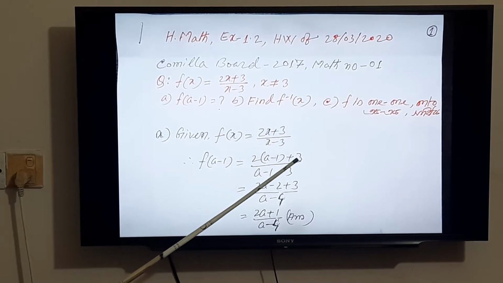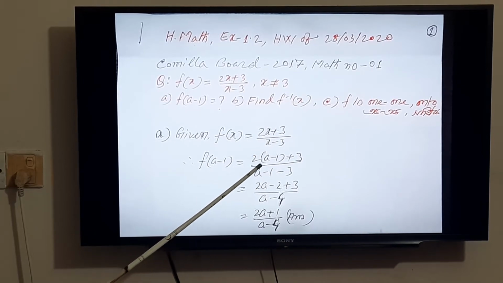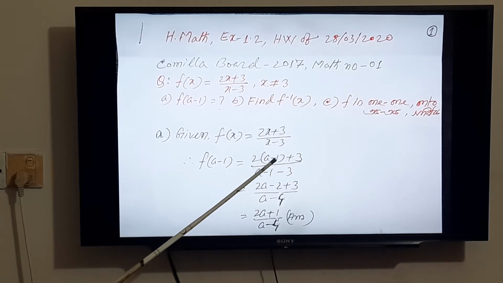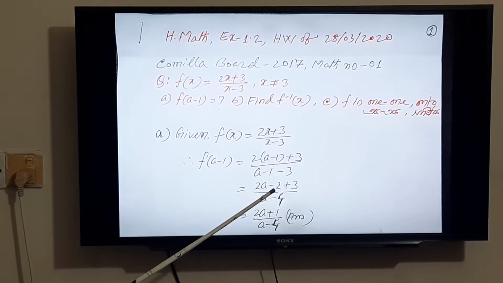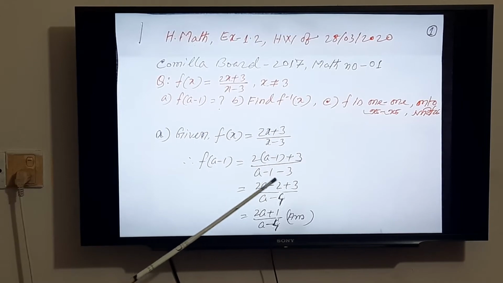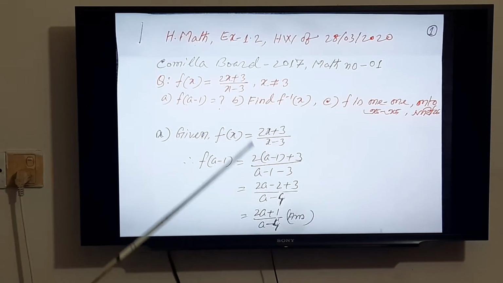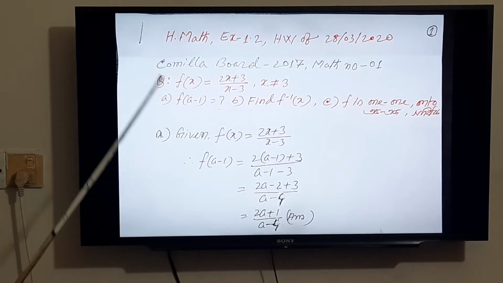Then multiply by 2: 2a minus 2 plus 3, a minus 4. So minus 2 plus 3 will be plus 1. So 2a plus 1 divided by a minus 4. This is the answer of question number A.